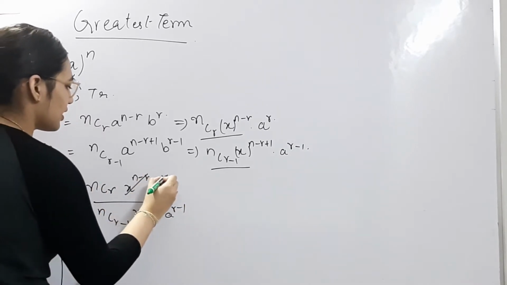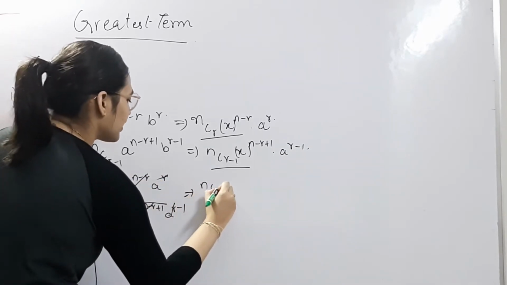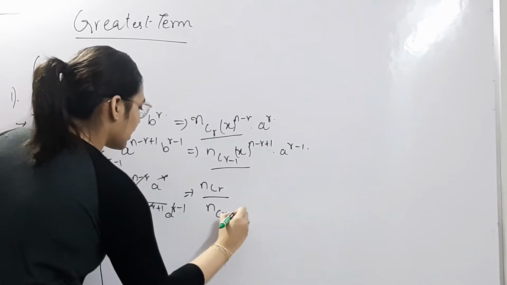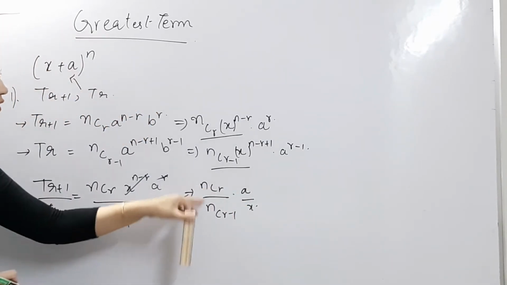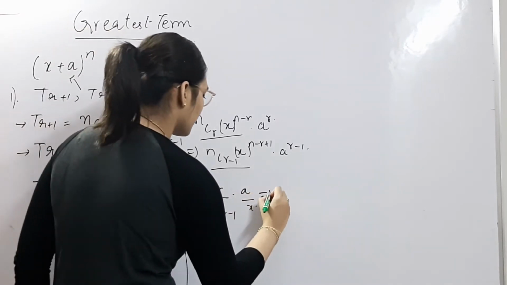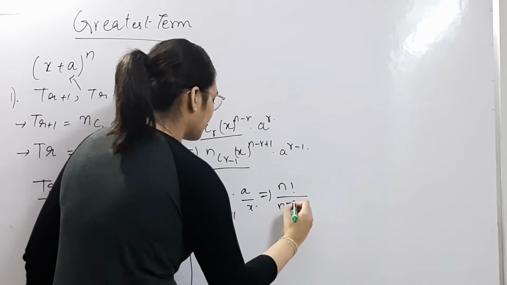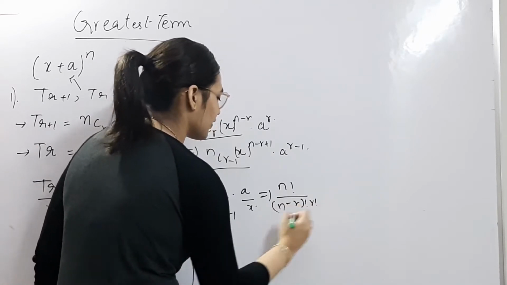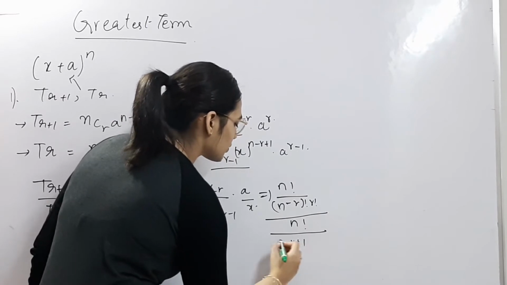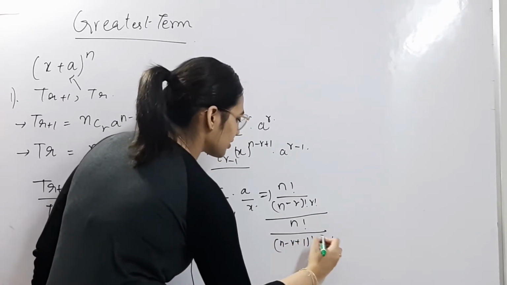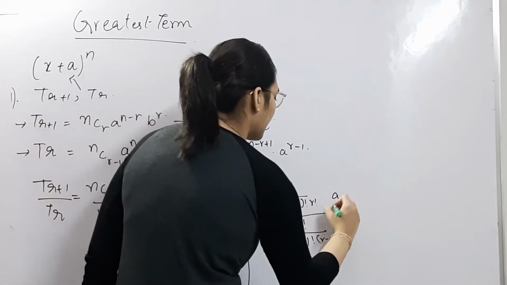This will cancel, and a will go on the top, x will remain in the bottom. So we get nCr by nCr minus 1 into a by x. Now how do you simplify nCr by nCr minus 1? You know the formula of nCr: n factorial by (n minus r) factorial into r factorial, divided by n factorial by (n minus r plus 1) factorial into (r minus 1) factorial. And this will be into a by x.